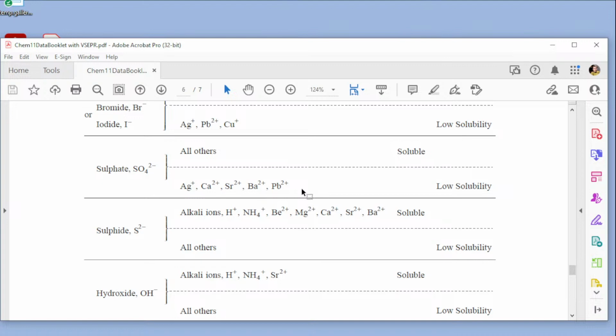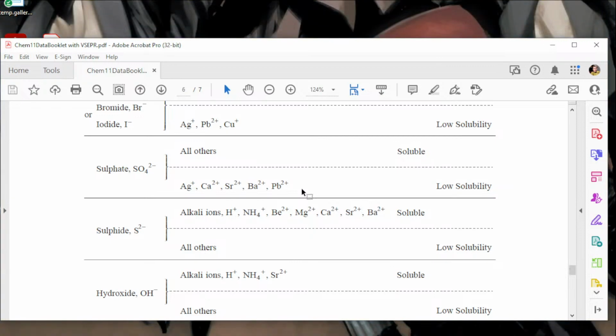I'm kind of confused about how to write it down. You see how these are written? You've got a negative ion and then a soluble and low solubility section. So you should make an extra row for chromate with soluble and low solubility sections. If we mix it with BaCl2, is it BaCl2 that has low solubility?